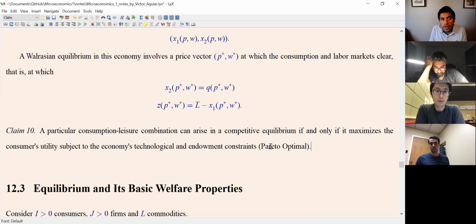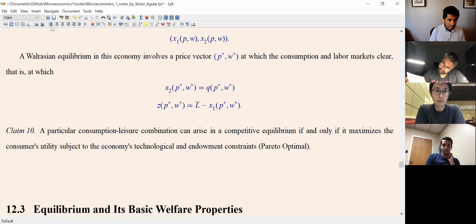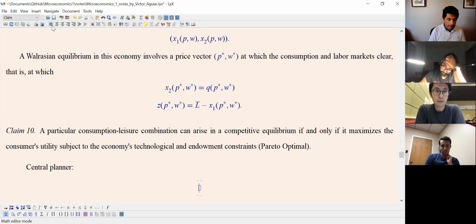So then what's going on here? The optimization problem of the central planner is basically maximizing. Let me write this thing here. So you can imagine a central planner that maximizes the consumption of good 2 and good 1, right? So this is the total utility. Let me make it a little bit larger.